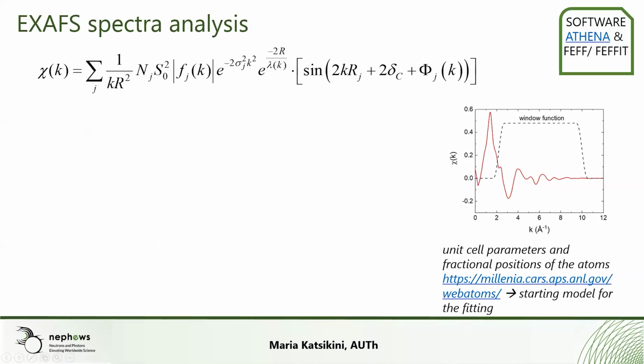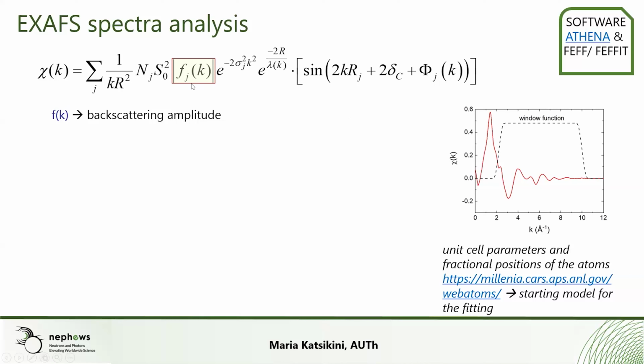In order to obtain structural information, we have to fit the EXAFS spectra as a sum of sinusoidal functions. Each function corresponds to a different nearest neighboring shell. Some of the parameters which appear in this equation should be calculated with proper software, FEFF in our case.